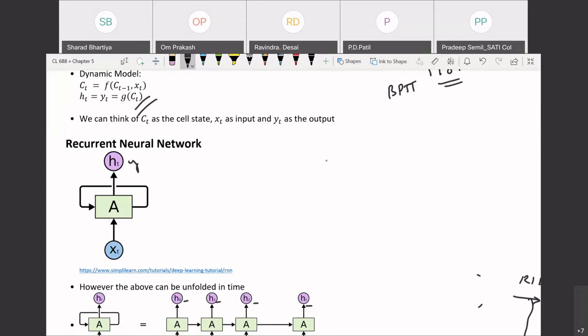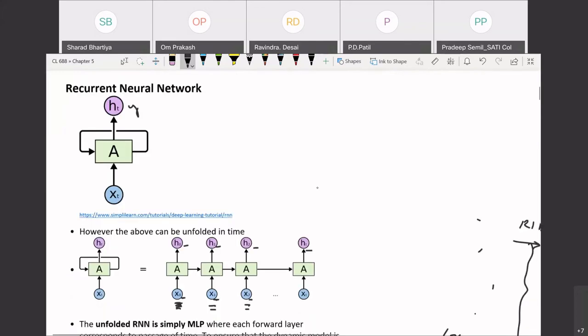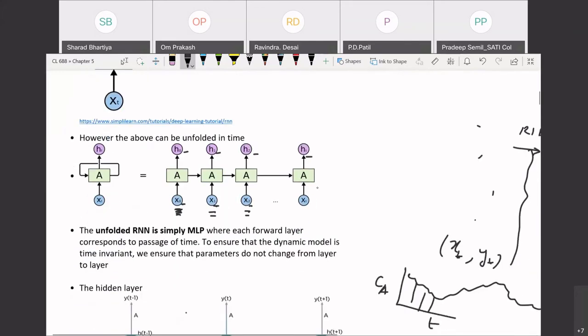So this is like a proper difference equation. The way that you could easily train such neural nets using the backpropagation algorithm is by recognizing that these neural nets can be unfolded in time. So see, this is time. I could put a delay over here, the Q inverse operator.